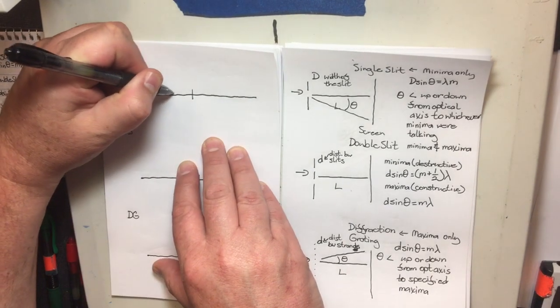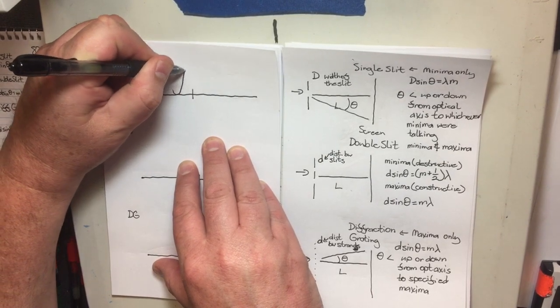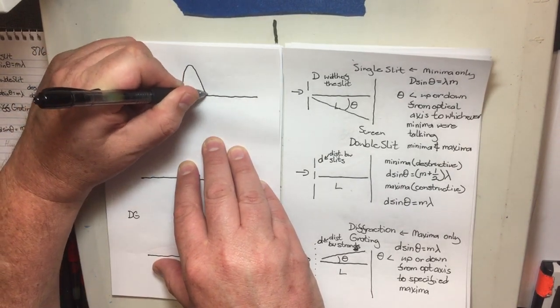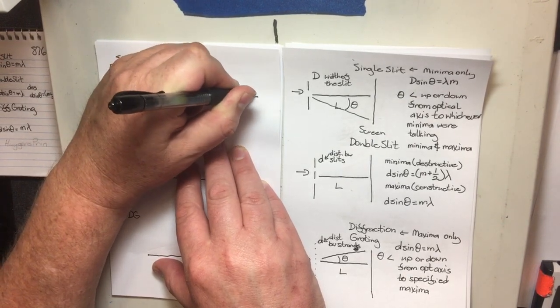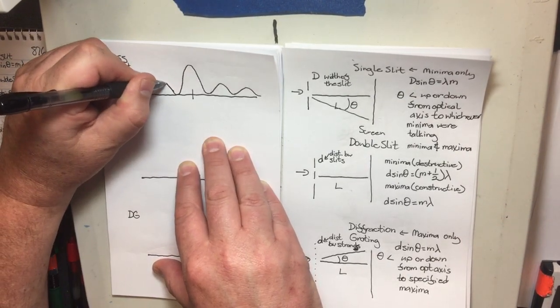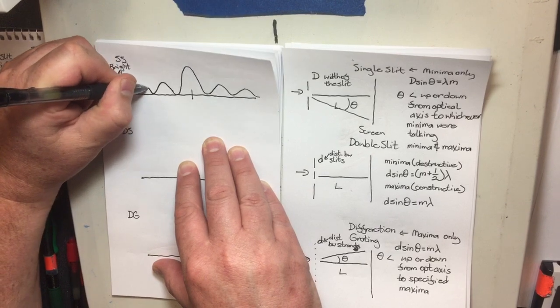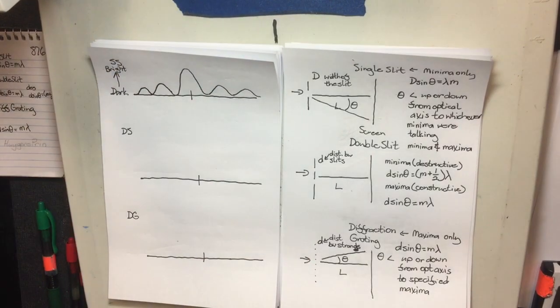For a single slit, it looks a lot like this.